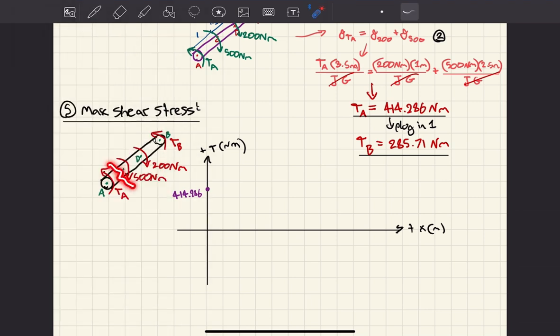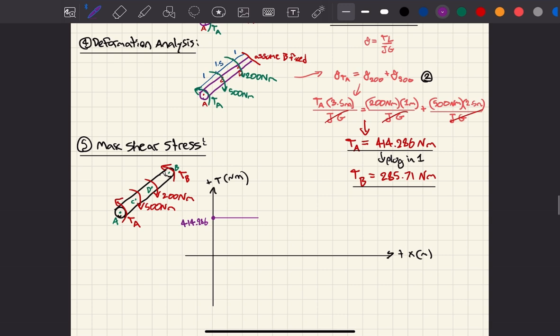If I cut my beam right here and take the sum of torques on this small section, the only torque acting is TA, the reactionary torque from section A to C. So the only torque from A to C is this TA, a constant function as we move through the beam, until we reach 1 meter.